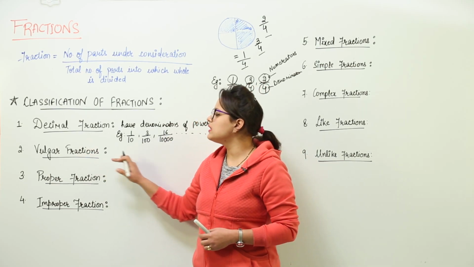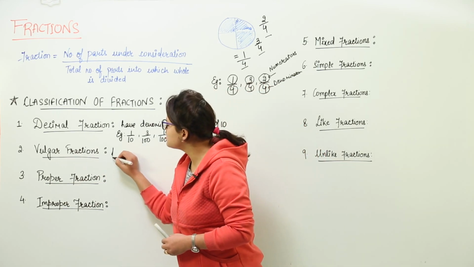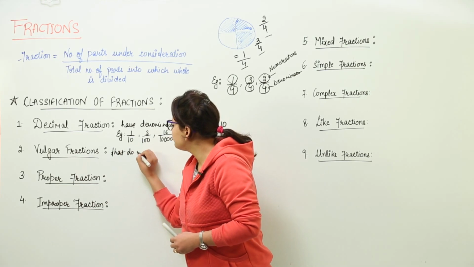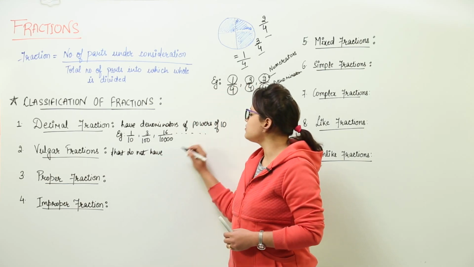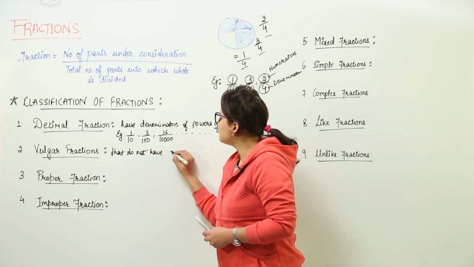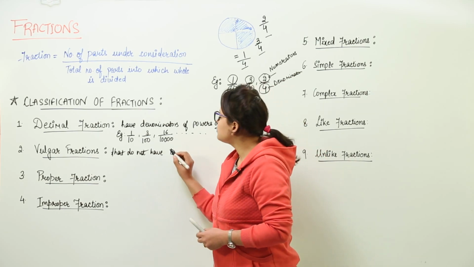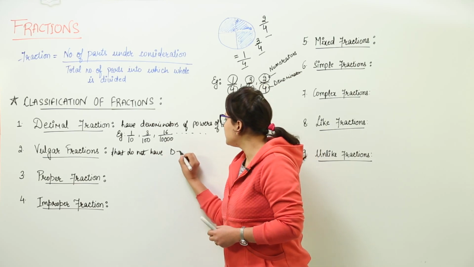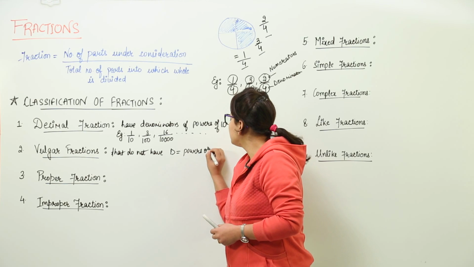Next case is for the vulgar fractions. Now, what are vulgar fractions? Vulgar fractions are those that do not have the denominators as the powers of 10. So, I will write that they do not have D. I can represent denominator with capital D. So, the vulgar fractions are those that do not have denominator equal to powers of 10, right?